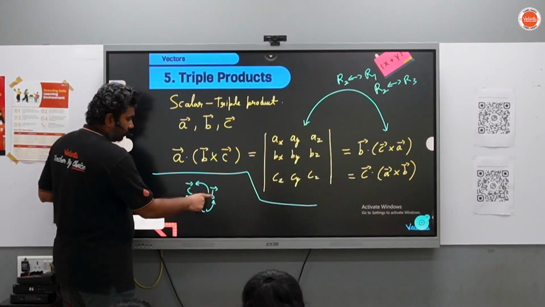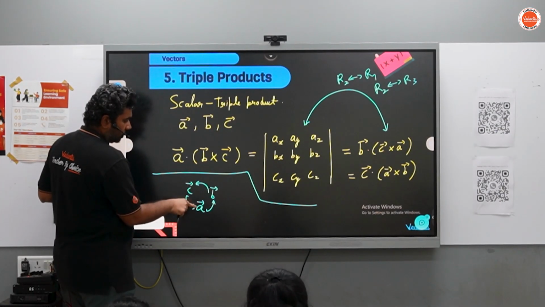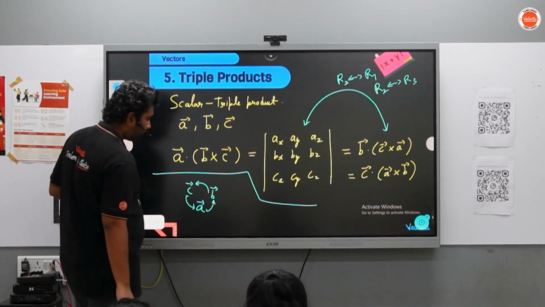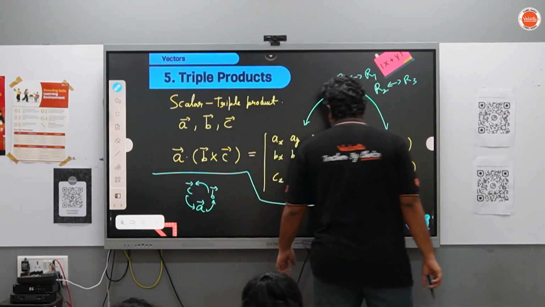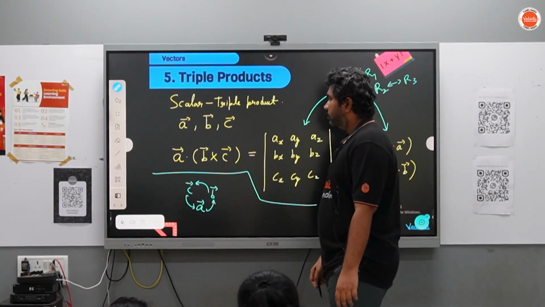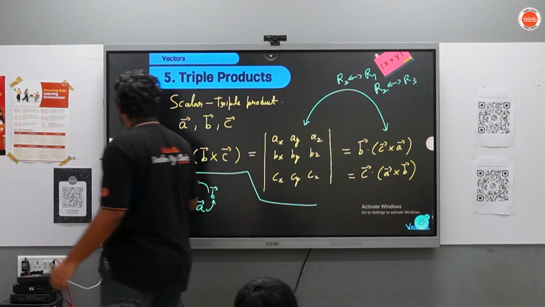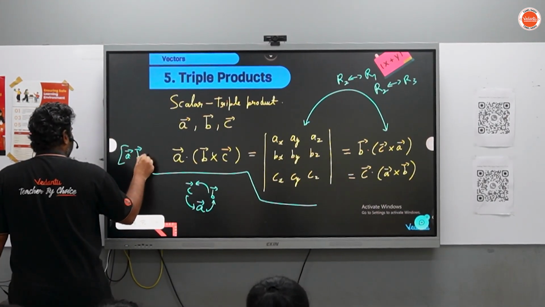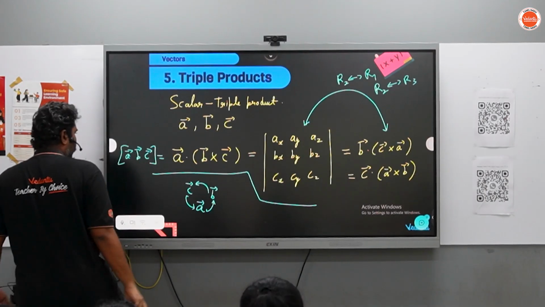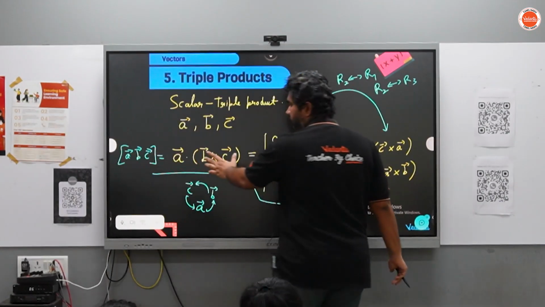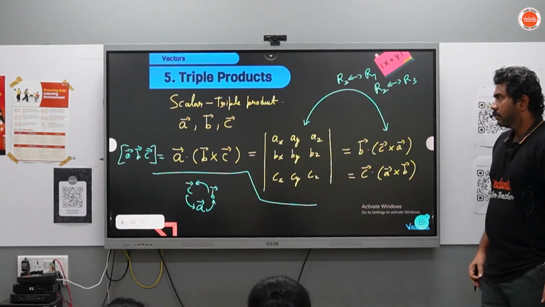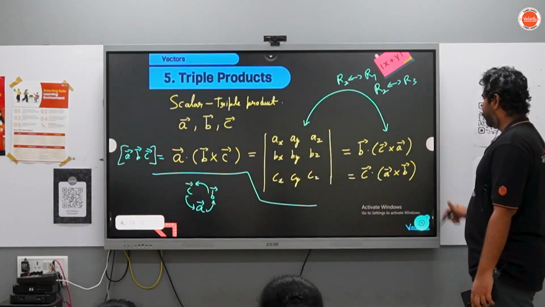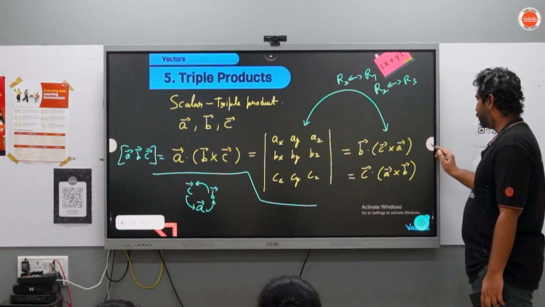A dot B cross C equals B dot C cross A equals C dot A cross B. We usually represent this scalar triple product like this, with A, B, C confined inside a square bracket. Okay, we will go for the next.